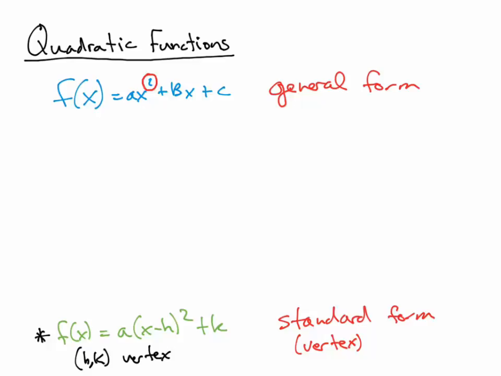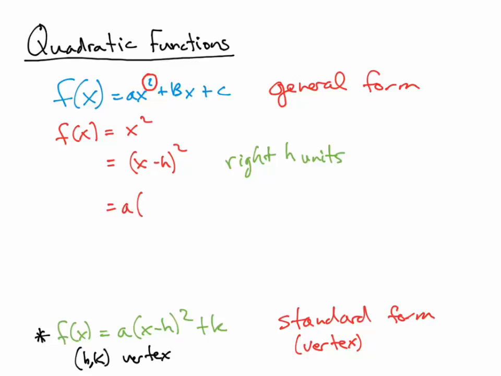Now, to get to standard form, we can start out with the parent function, and the parent function is just f of x is equal to x squared. And then let's apply a few different transformations. If we shift this to the right h units, we would have (x minus h) squared. Let's apply a vertical stretch.